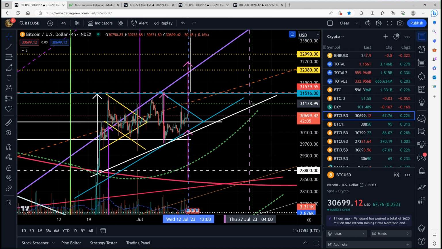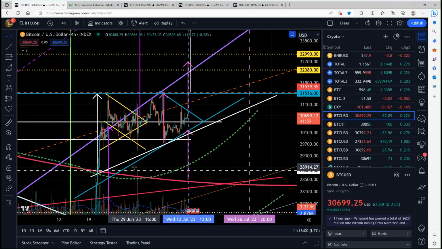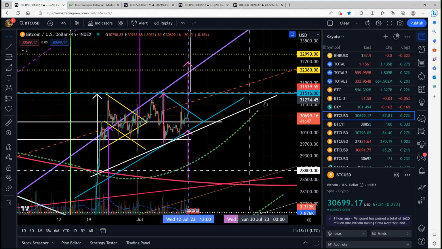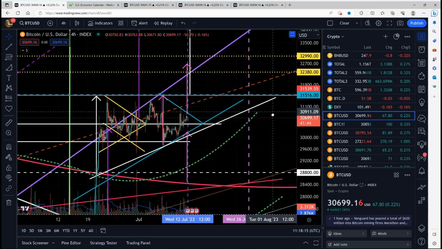I think that's really likely to happen, and if so, this white line represents a possible range that we will continue to trade in and continue our ascending triangle pattern.